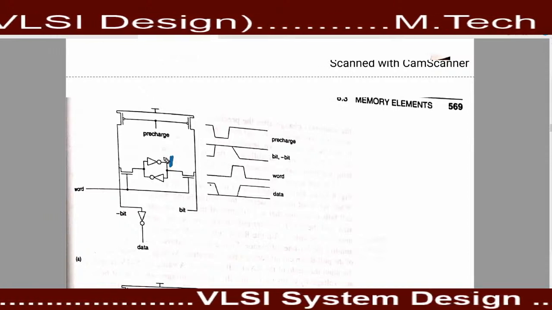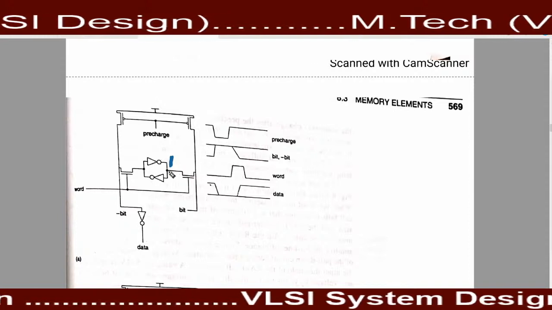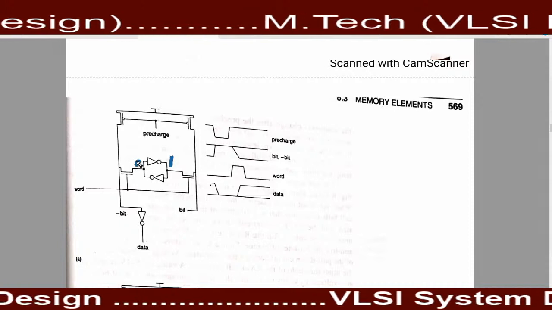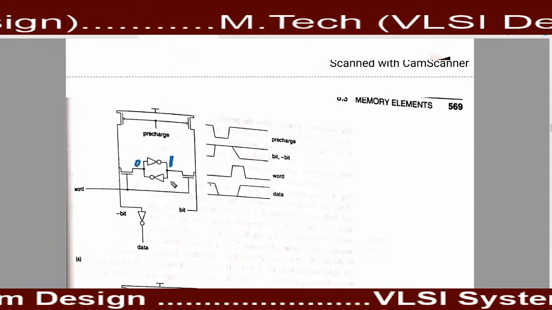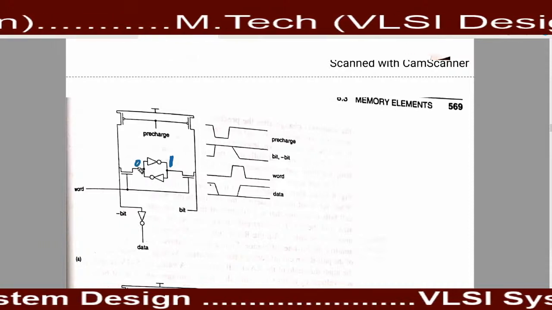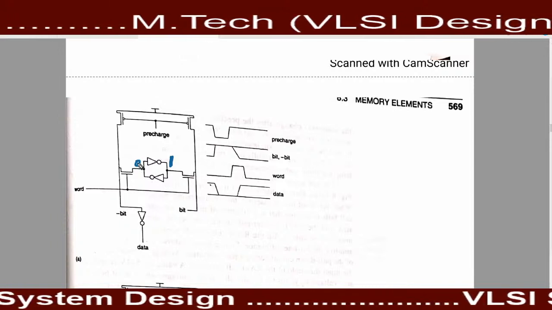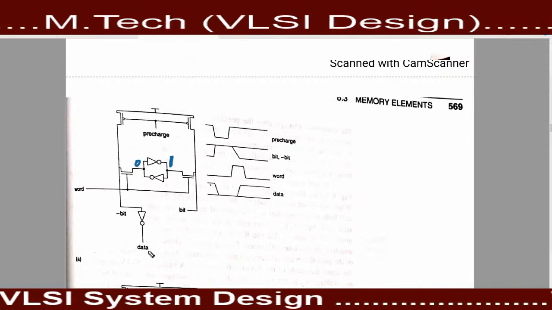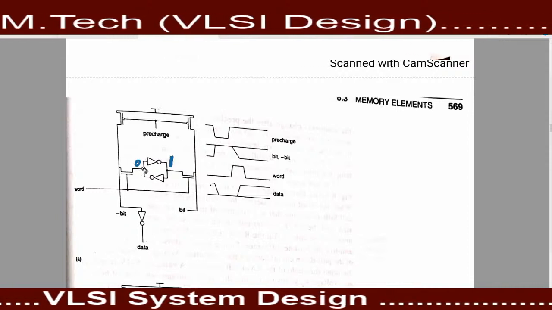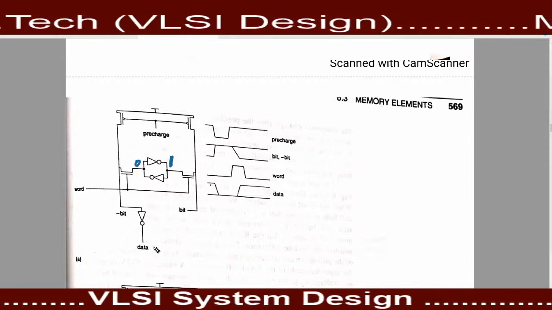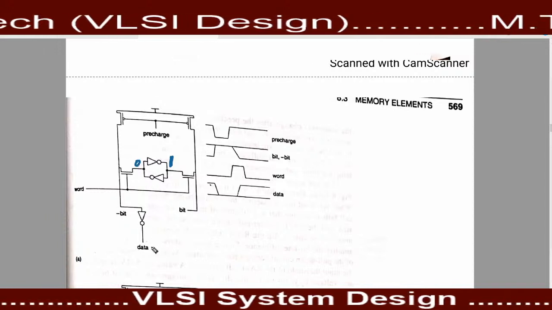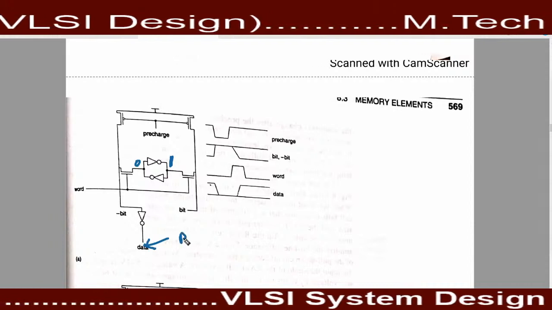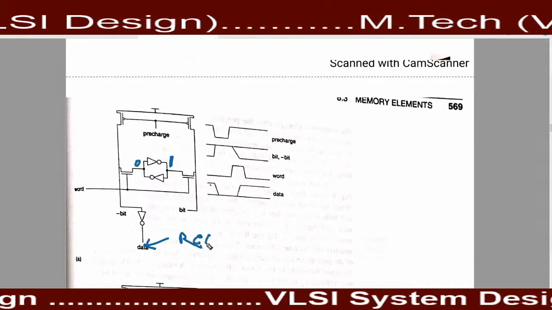One means suppose VDD voltage is stored here. So if one is stored here, because of this inverter, a 0 bit is present here, and I want to read this 0 bit. From which port can we read? We read this data from this data port.